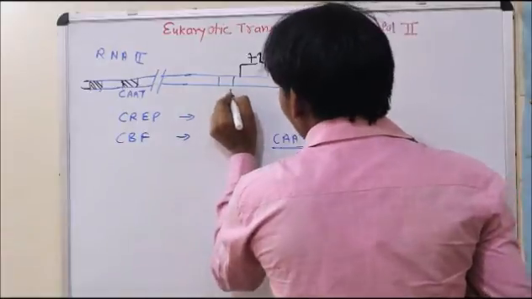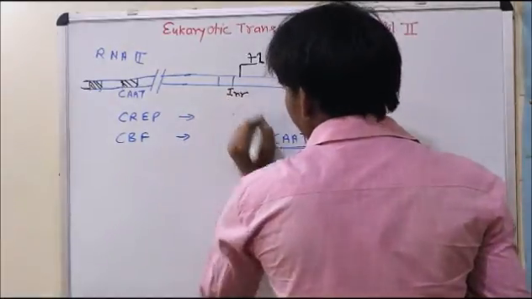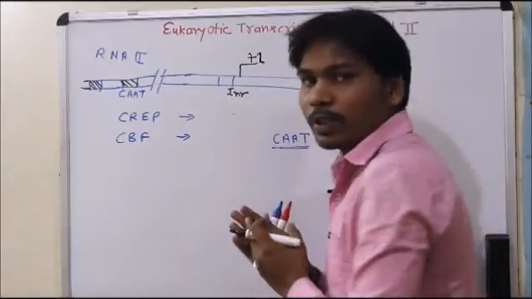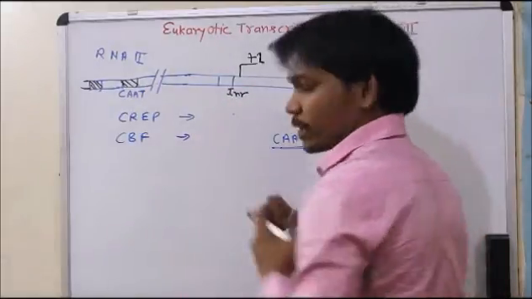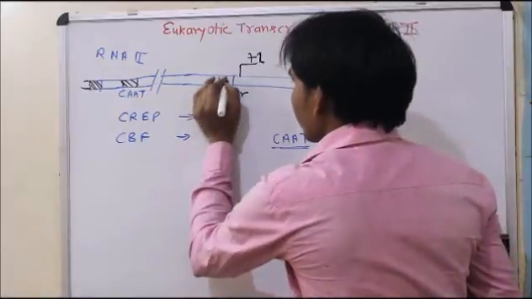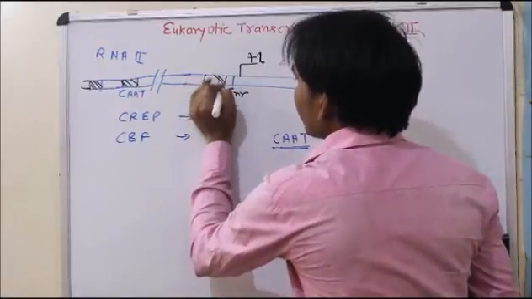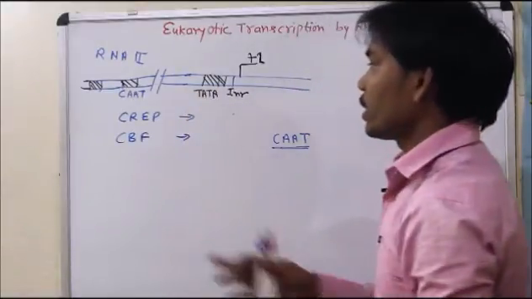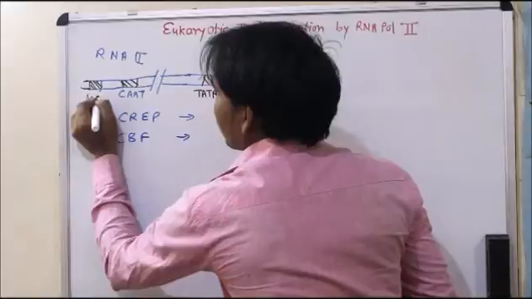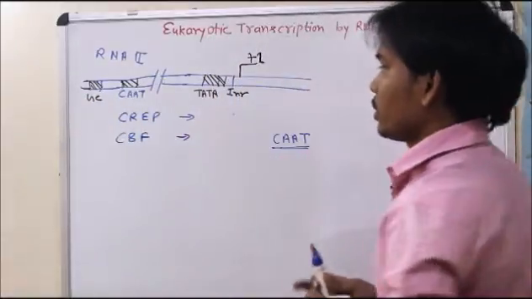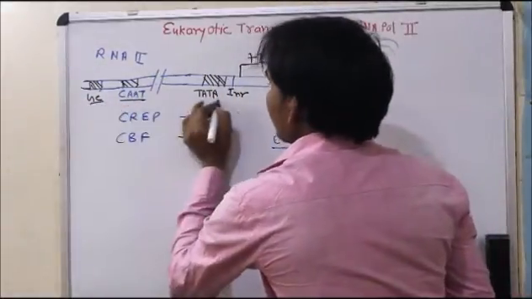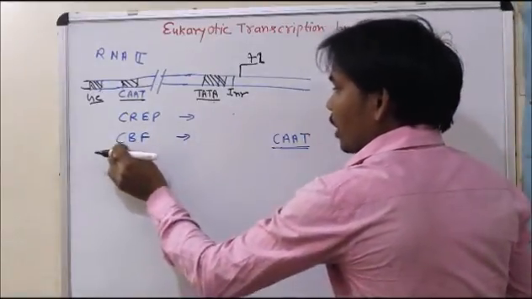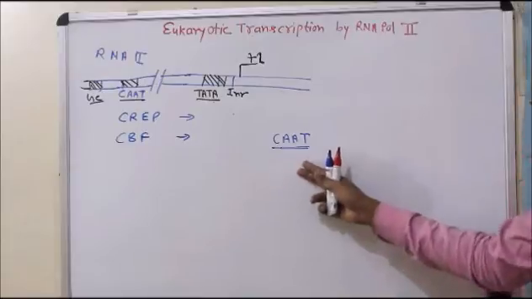Here is the INR sequence I have described, the initiator sequence found around the +1 start site from upstream. And here is the core promoter region where the TATA box is found in eukaryotes. So the CAAT box, GC box and TATA box are part of the eukaryotic promoter.